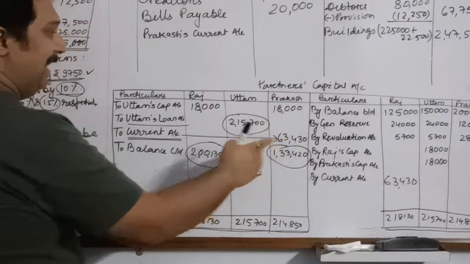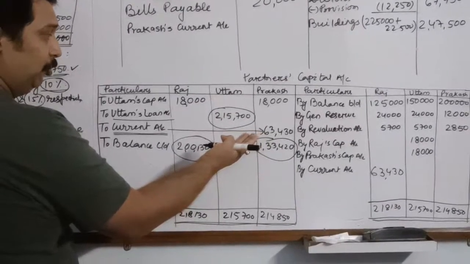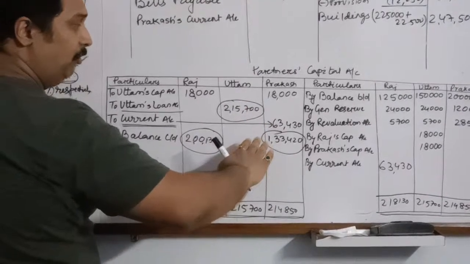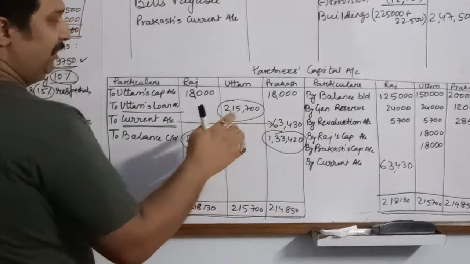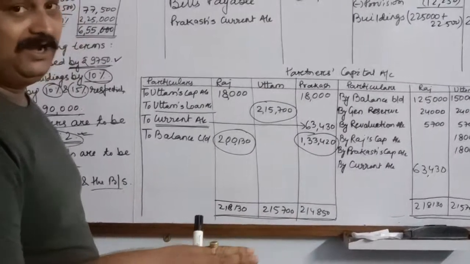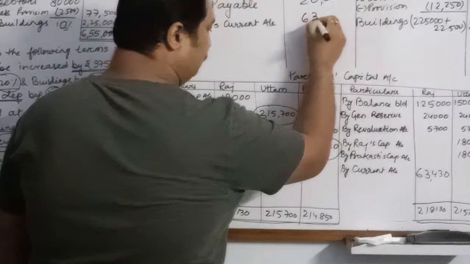Because the closing balance is on the credit side. Such an item is known as credit balance, and all the credit balances are shown on the liability side.